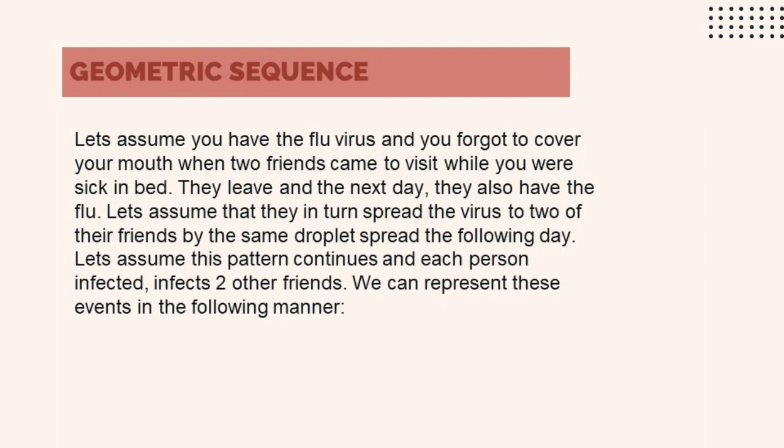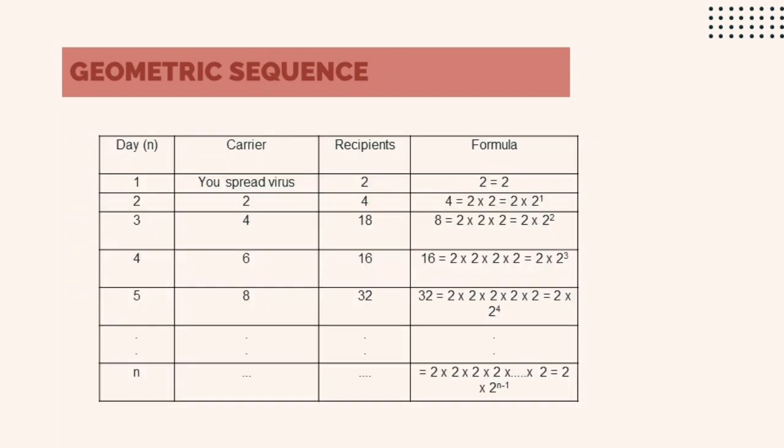Let's assume this pattern continues and each person infects two other friends. We can represent this event in the following manner. Okay, this is the answer of the example of geometric sequence. You can see the answer in the slide.